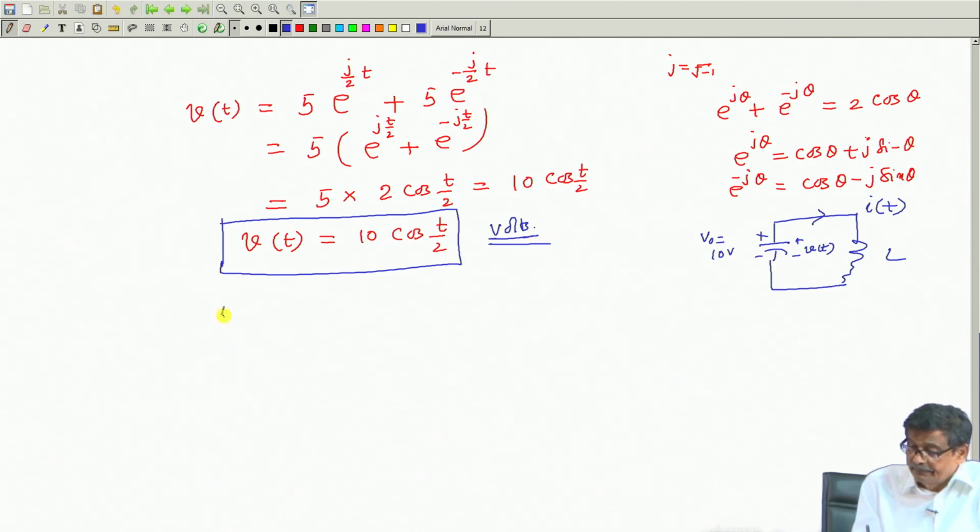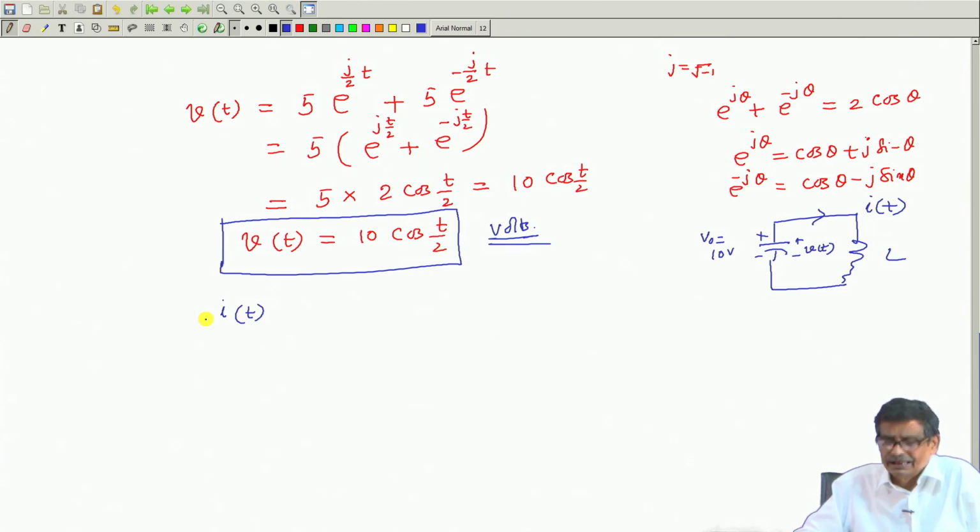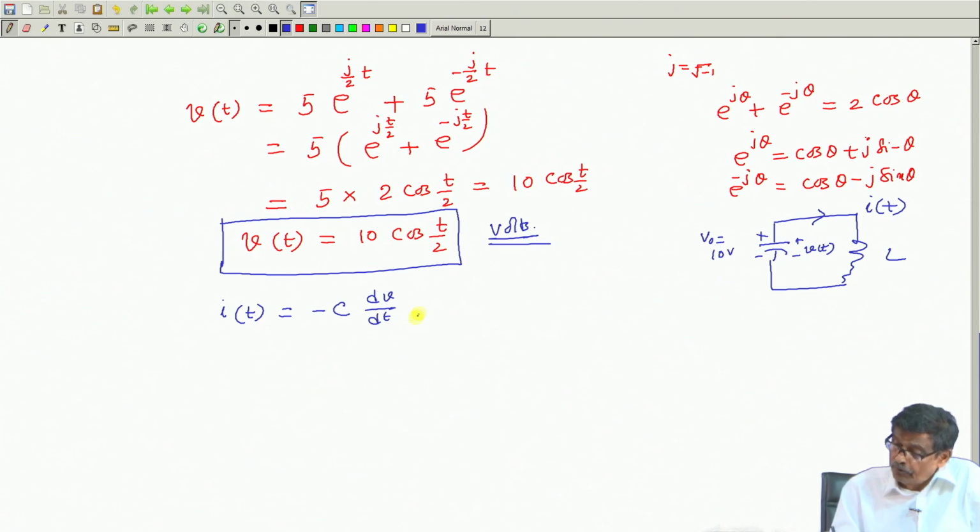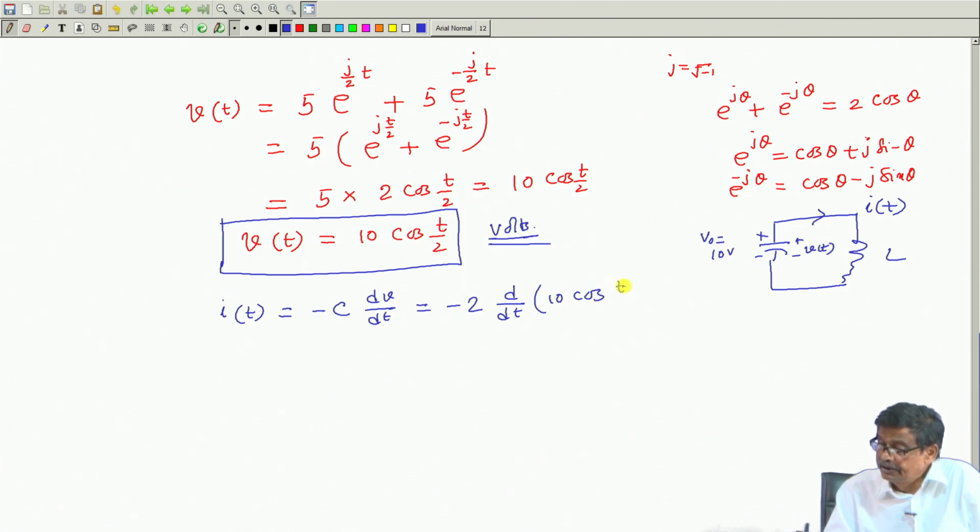What will be the current? One can form a differential equation involving current and solve it. That I am not going to do, because once I have got the time domain expression for the capacitor voltage, I t is equal to minus C dV/dt. That is what I got. So, minus C means minus 2, capacitance is C, I have assumed, and d/dt of 10 cosine t by 2, which if you differentiate cosine t, a negative will come, this negative will make it plus.